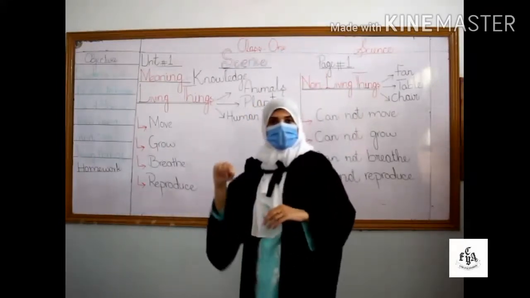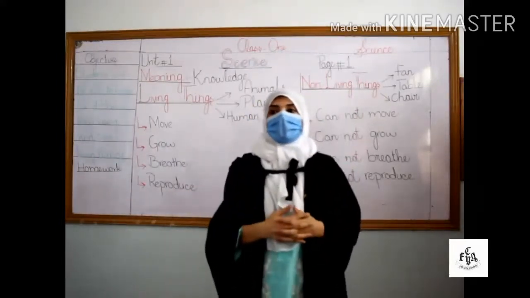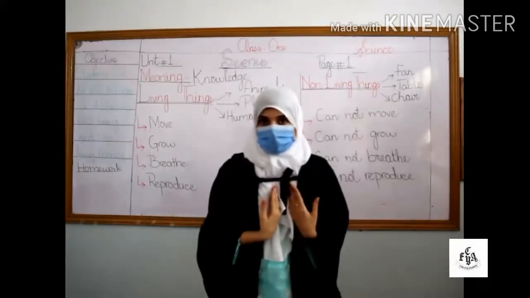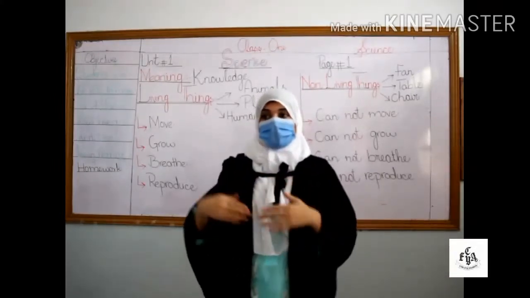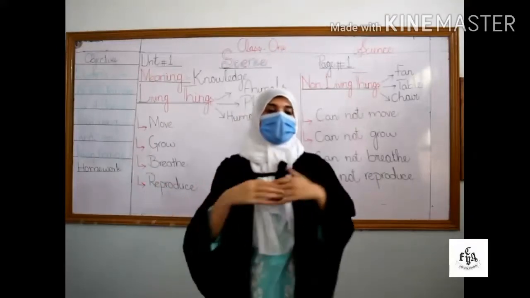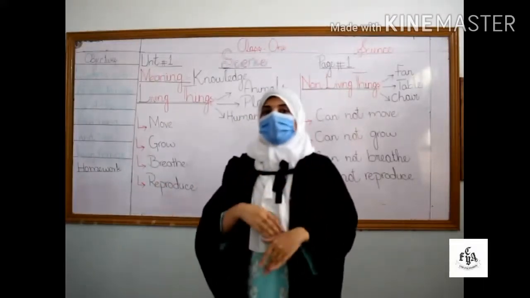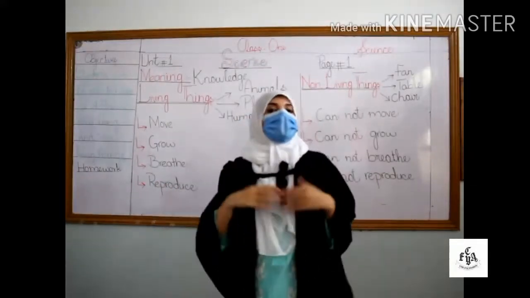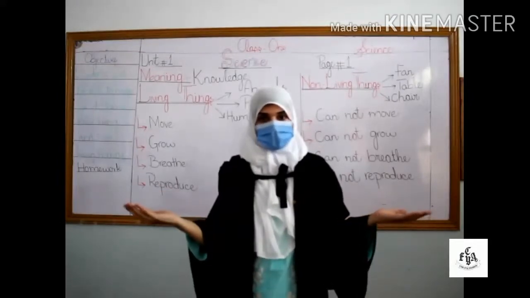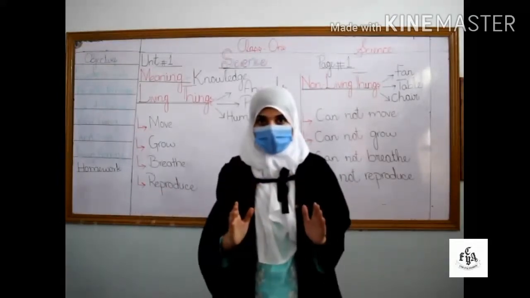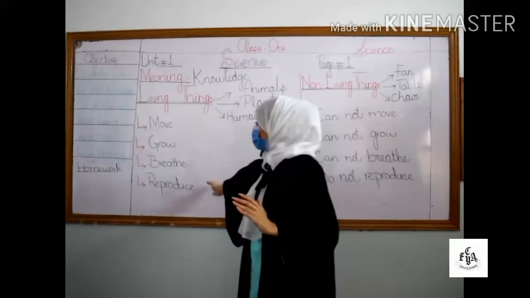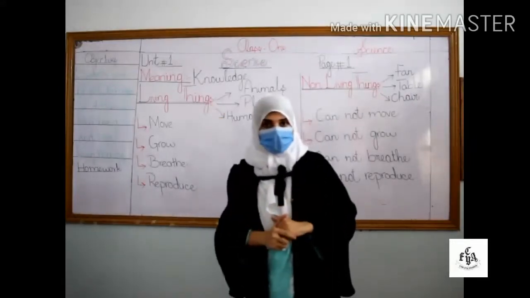Human beings. What are human beings? We are human beings. We can move from one place to another. We can breathe. We can grow in size. So we are human beings. Is that clear to you all? These are the properties of living things.